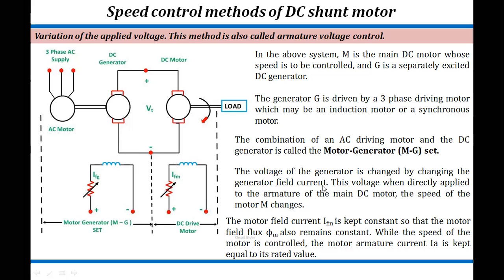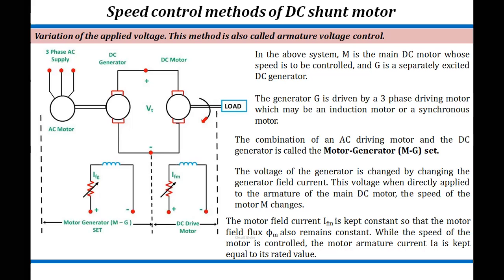The voltage of the generator is changed by changing the generator field current, and this voltage is directly proportional to the armature voltage of the DC motor. As it changes, the speed of the motor will also change. The motor field winding is kept at constant current, so the motor flux will also remain constant, and we will get the controlled speed at the DC motor.